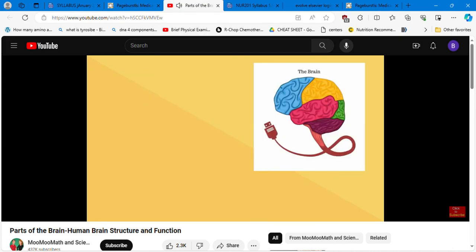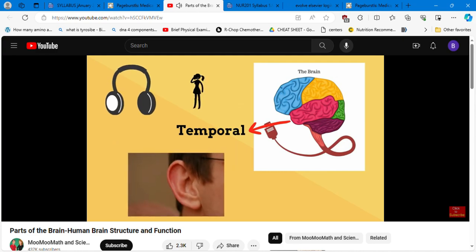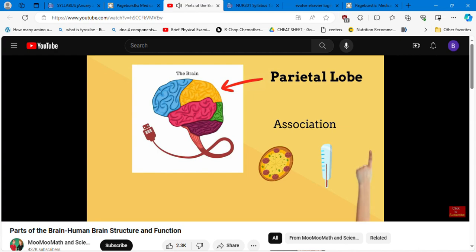The temporal lobe helps us process sounds. In other words, it helps us hear. It also helps with some balance. The parietal lobe is also called the association lobe because it communicates with the other lobes. The parietal lobe is where information such as taste, temperature, and touch are integrated or processed.